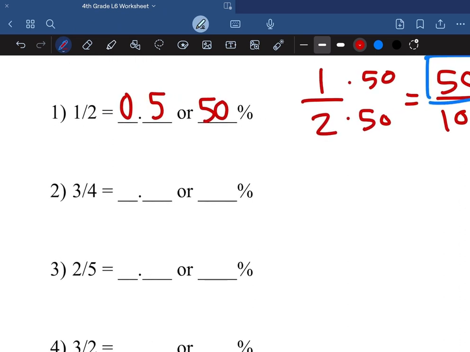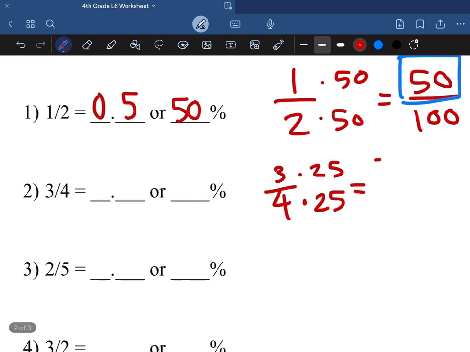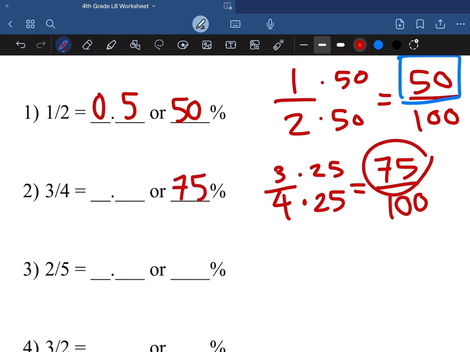Like number 1, we multiply the numerator and the denominator by a number to get 100 as the denominator. So we're going to multiply both by 25. When you do that, you end up getting 75 over 100. So 3 over 4 is equal to 75%.